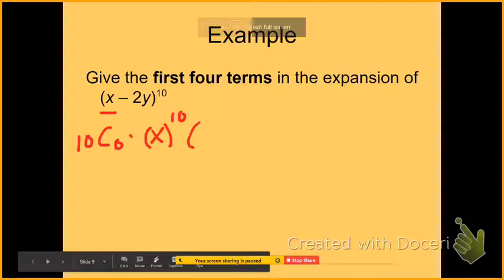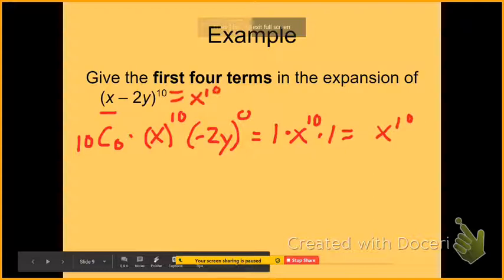And then we take the second term, the whole negative 2y, and raise that to the 0th power. Now, 10 choose 0, I'll show you how to find that on a calculator, but for now it's just equal to 1, times x to the 10th times negative 2y to the 0, which is just 1. So the first term is going to be x to the 10th.